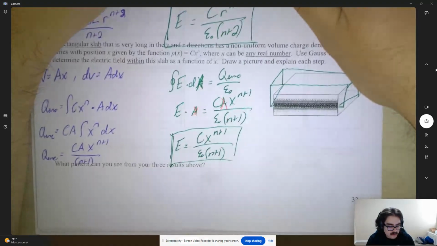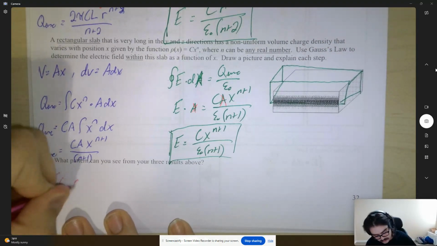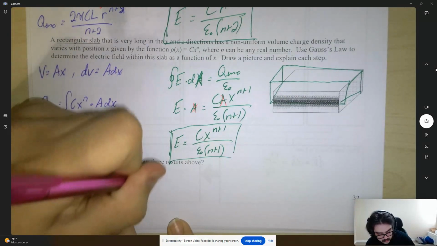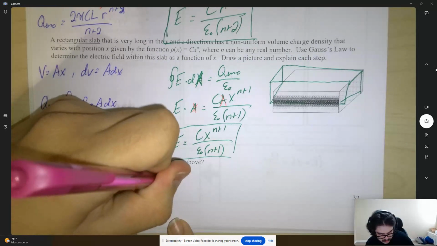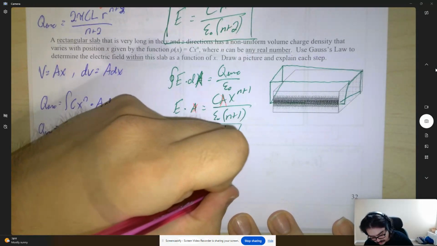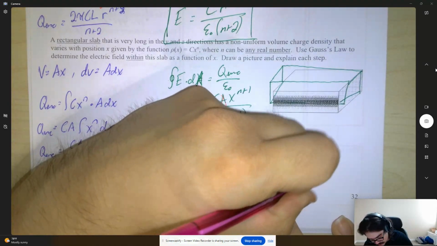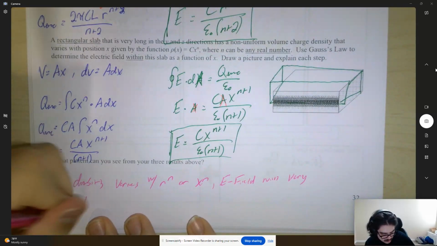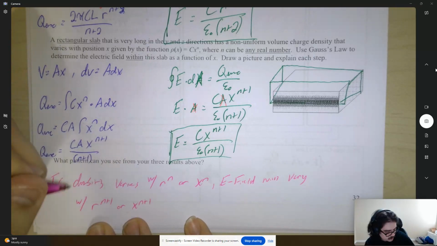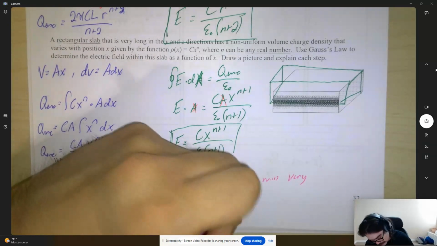The pattern that we are getting from this is if density varies with r to the n or x to the n, the E field will vary with r to the n plus 1 or x to the n plus 1, regardless of shape.